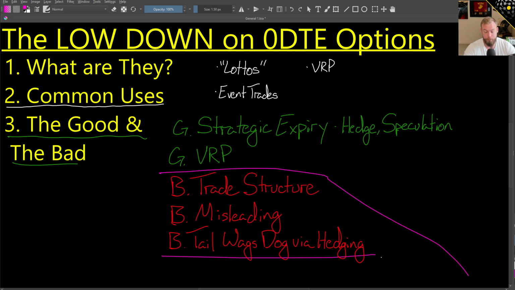And then the last thing, you're going to hear the term Volmageddon. Essentially what does happen in different instances, especially if it's like a triple witching where we have multiple things expiring on the same day, the market makers, all the people who are holding large books of these trades and essentially just providing liquidity, they have a lot of work to do. And it's every single day now. It's amplified.